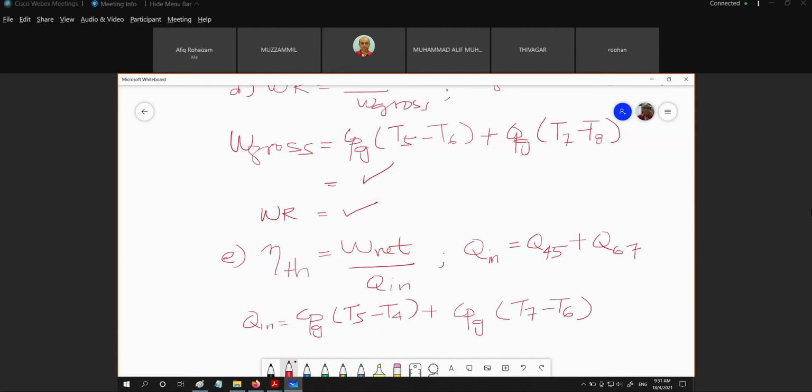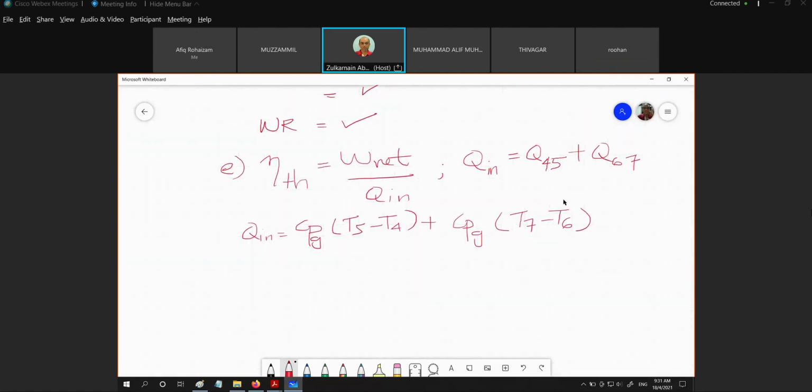So we have all the values, then we could get Q in. Once we have the Q in, then the thermal efficiency is solved.